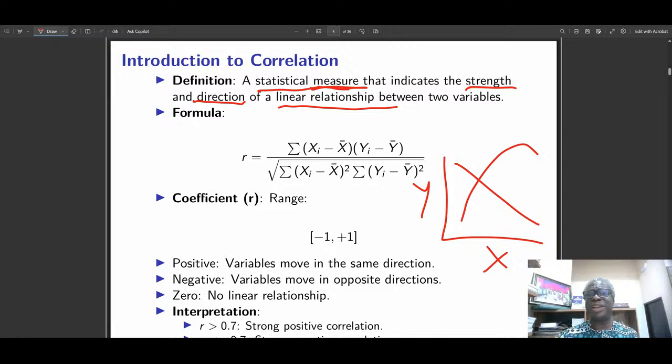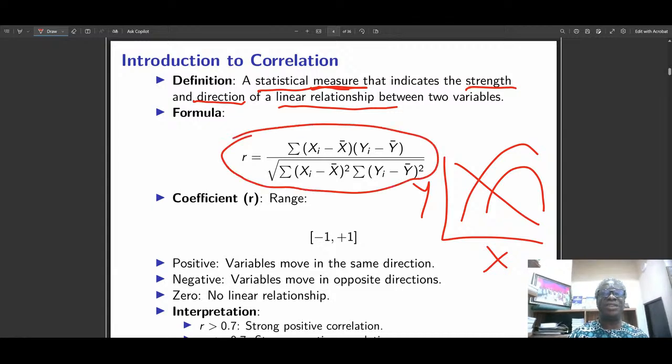A relationship like this one is also not linear. So there could be non-linear relationships, but correlation analysis focuses on linear relationship between two variables.